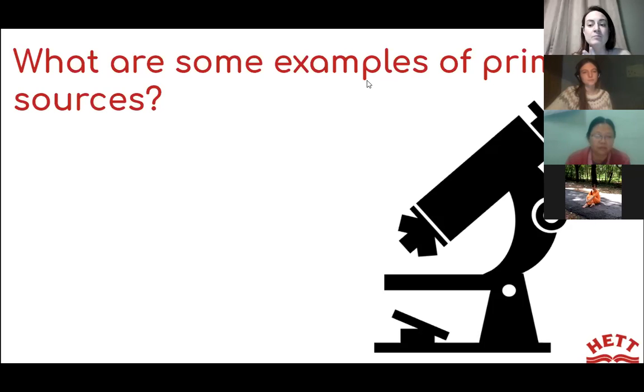While in the natural sciences, it might be an experiment or it might still be survey data. It depends on what field you're looking at, what the primary source of data is.